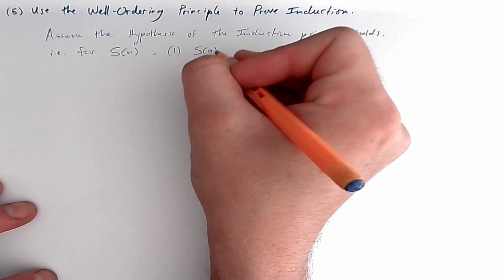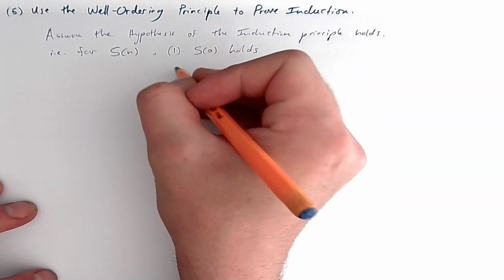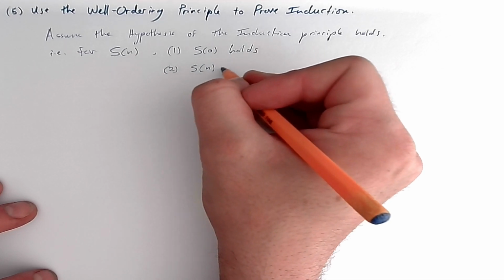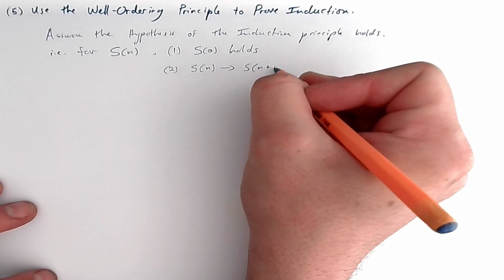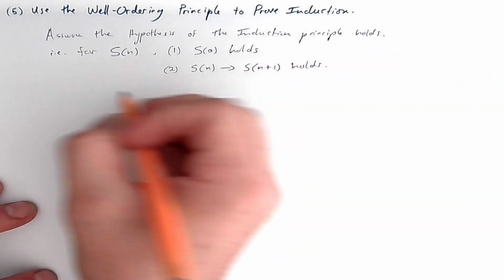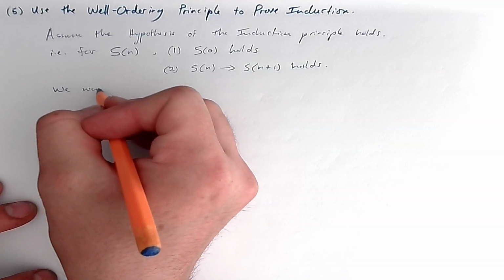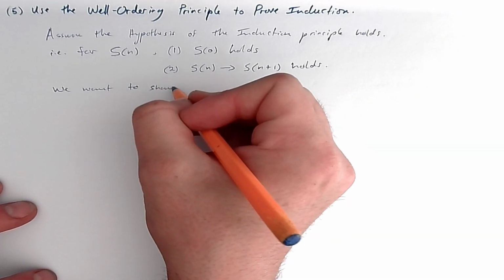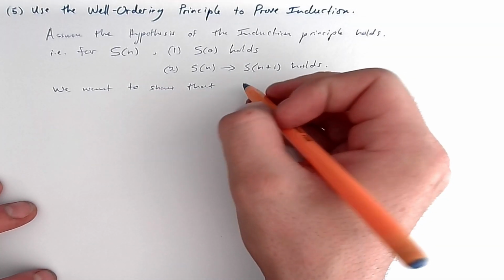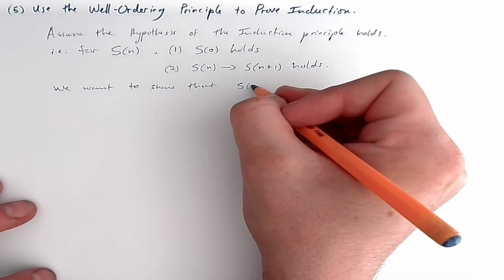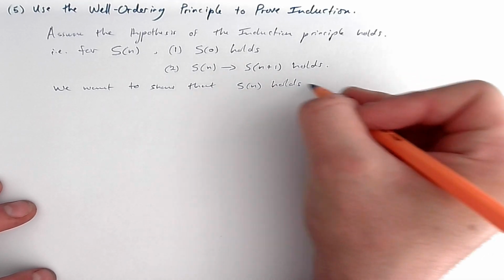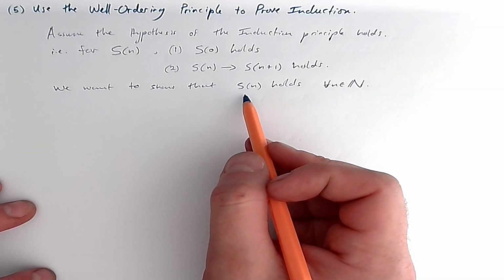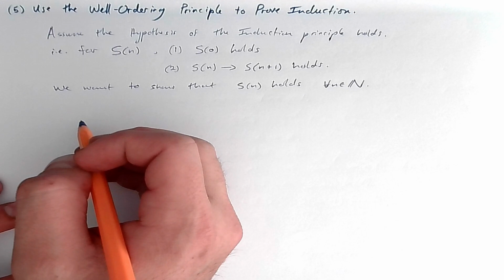The base case is true, and also the induction step is true. And what we would like to show is that the consequence of the induction principle holds. So we want to show that the statement S of n is true for any natural number.